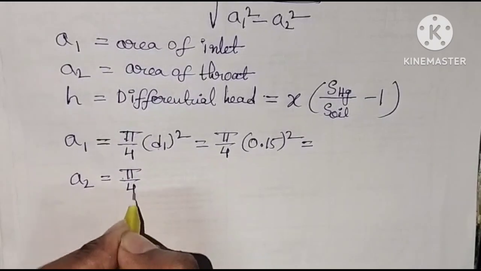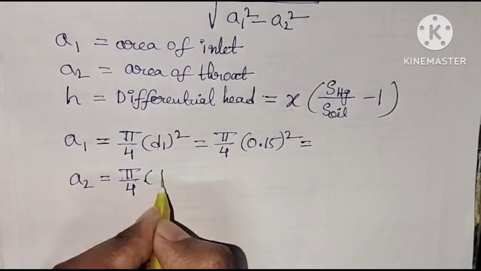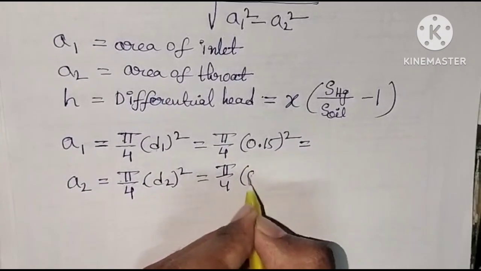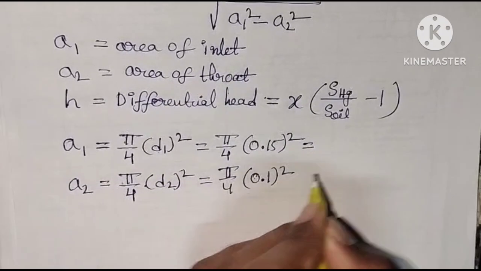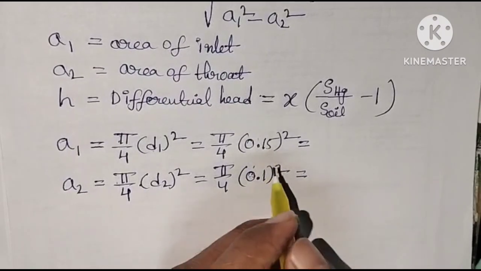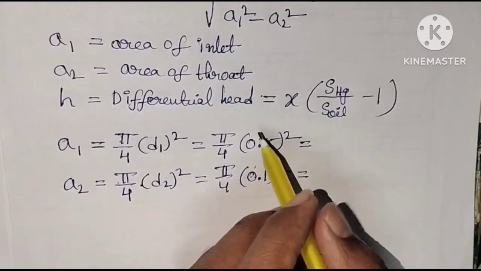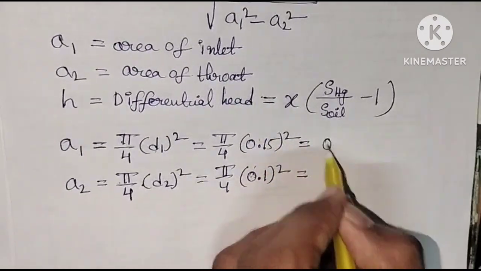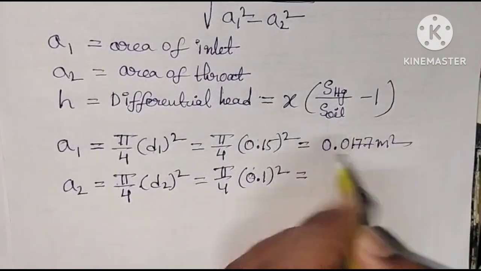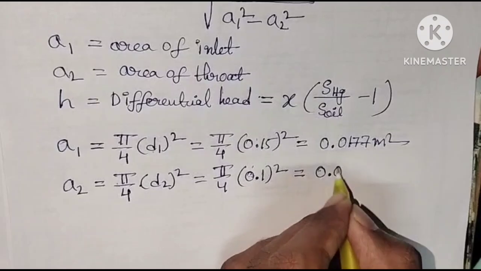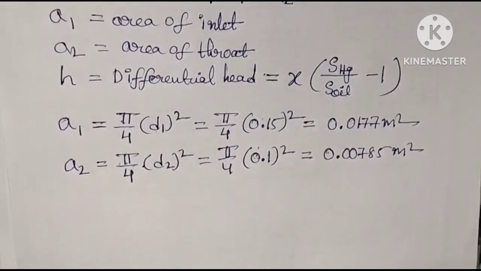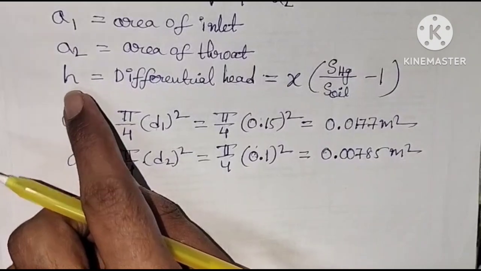The throat cross section is also circular, so A2 is pi by 4 into D2 whole square, pi by 4 into 0.1 whole square. Now use a scientific calculator to find values of these two. You will get approximately 0.0177 meter square and 0.00785 meter square.